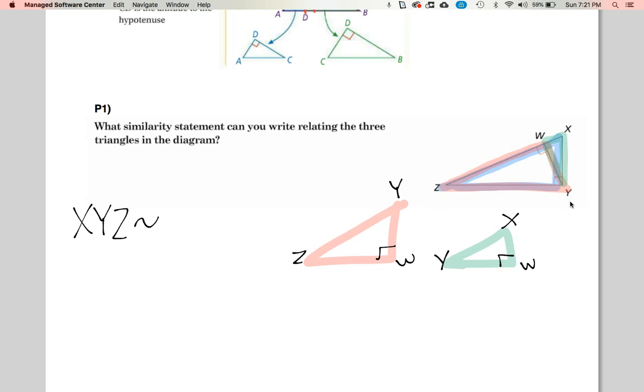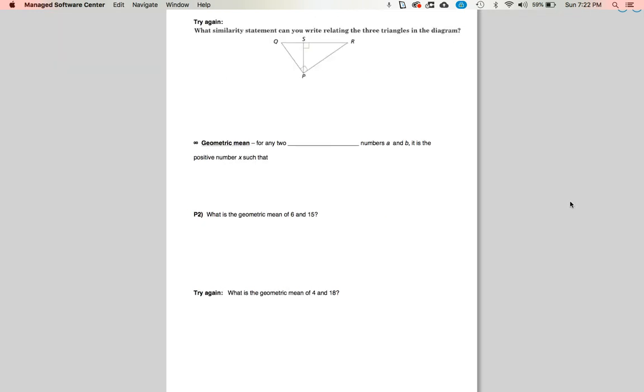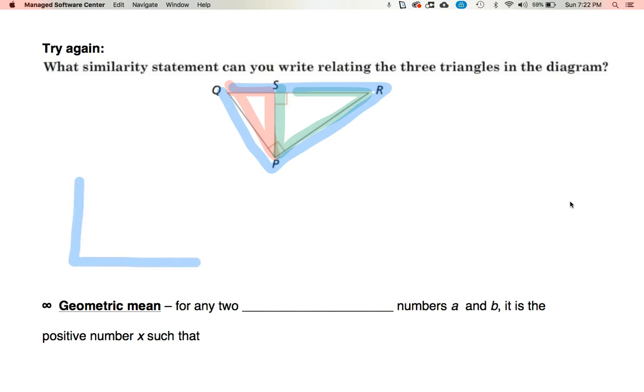So that's similar to Y, W, Z, which is similar to X, W, Y. So we have the small triangle, we have a medium triangle, and we have the bigger triangle.